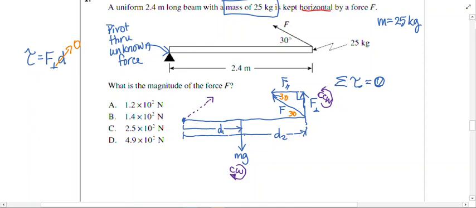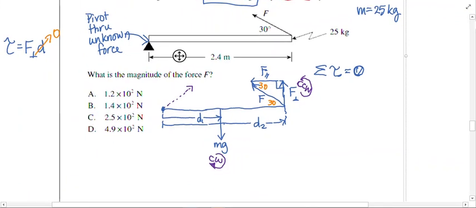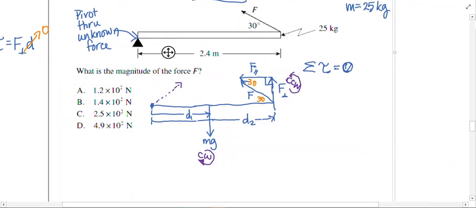Once you lay your first principle step out, you can then say something like this. There are a couple of different ways to do it, but what students tend to be most successful with is saying that the counterclockwise torque has to equal all of my clockwise torques.